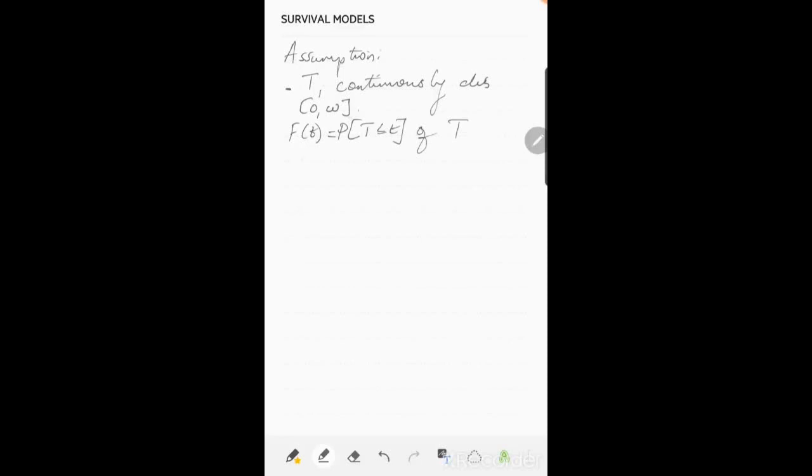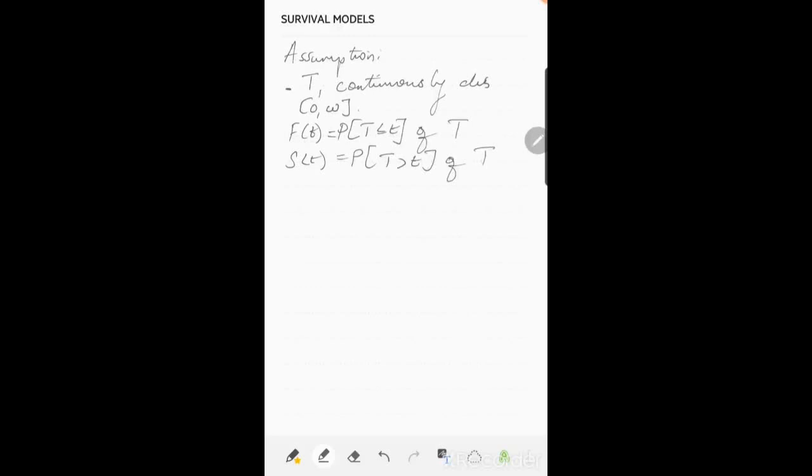And the survival function is S(t), which is the probability that the future lifetime is greater than small t. This is the survival function of T.